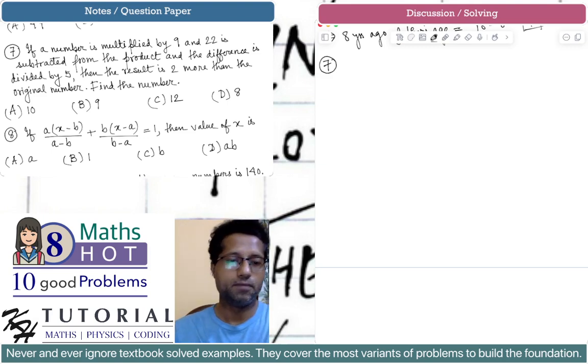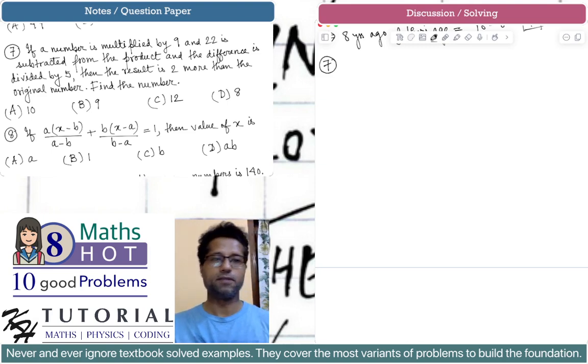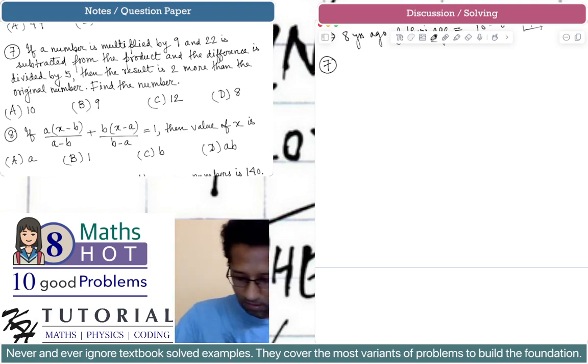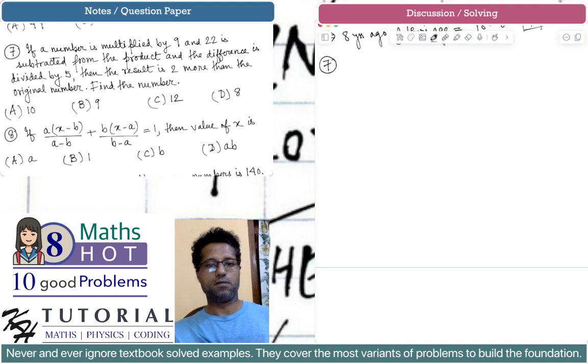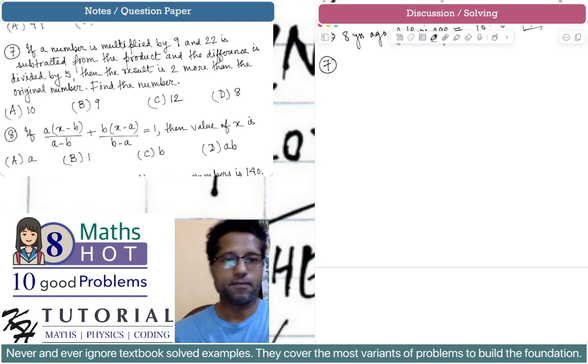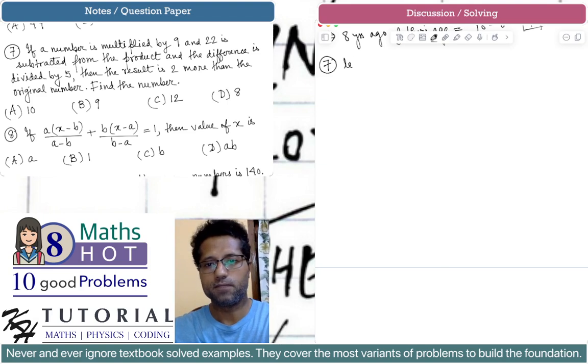So it is very important to understand the problem statement correctly. So what it is saying, first of all let the number be x.